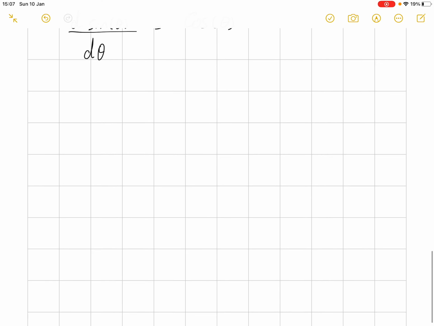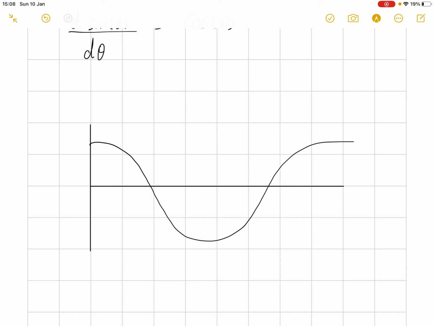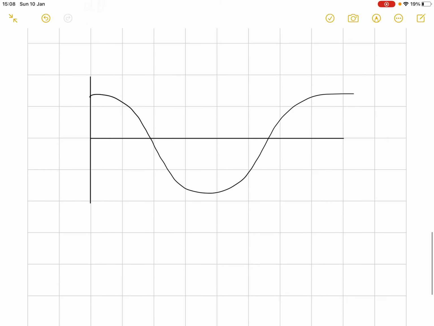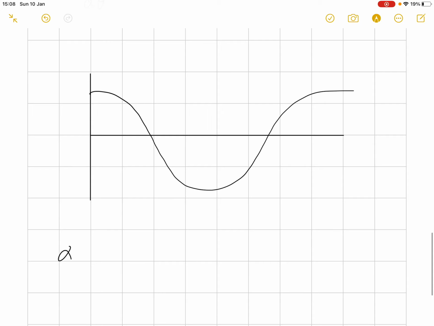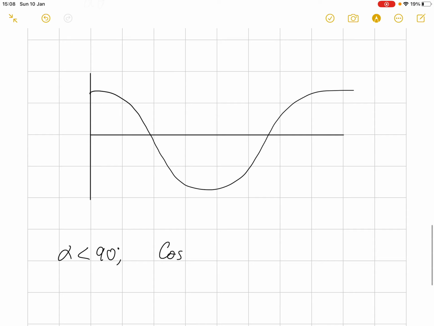Well, let me just draw the cosine graph. Cosine graph does something like this, as we've investigated. We're told that alpha is an acute angle, so alpha is less than 90 degrees, and that cos of alpha is equal to k.